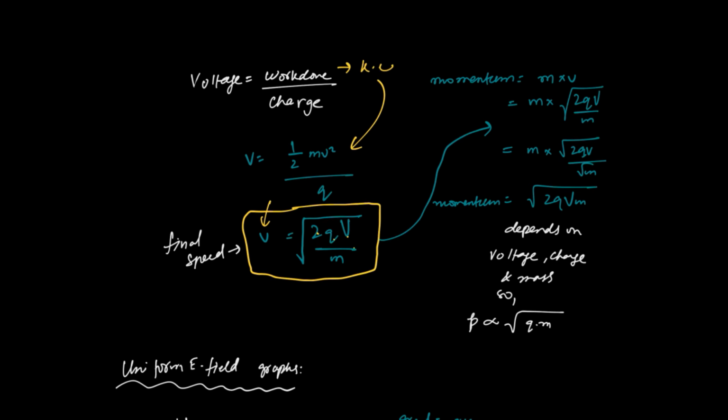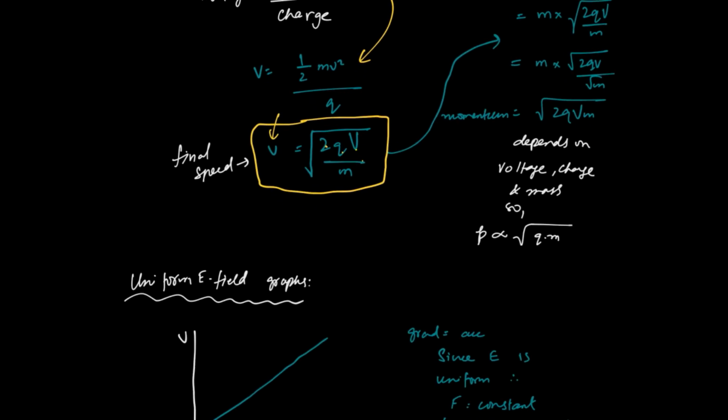Then this specific formula was used to find the momentum of my charge. Momentum is mass into velocity. Velocity was replaced by this formula, and the new formula of momentum becomes the square root of twice the charge into voltage into the mass. And we already know by this formula that momentum depends on the voltage, the charge, and the mass.